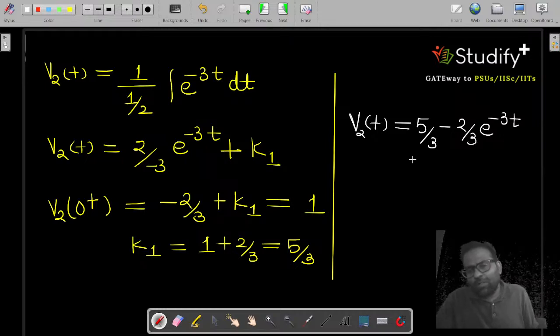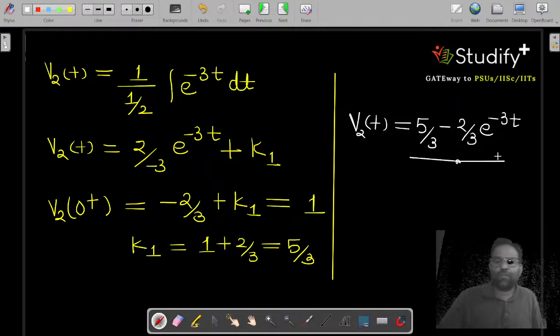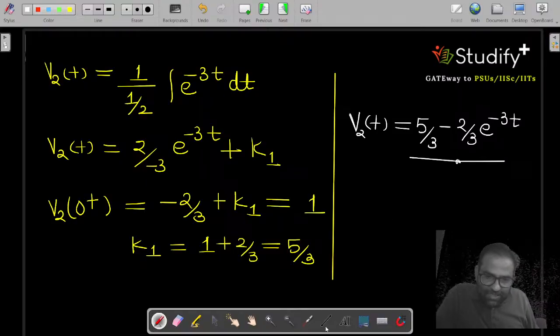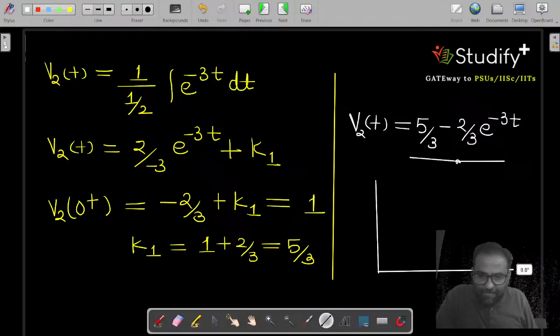Correct? Here also this is a charging kind of circuit. So how much is it charging? You can easily say how much it is charging.